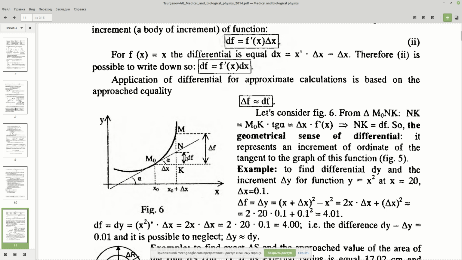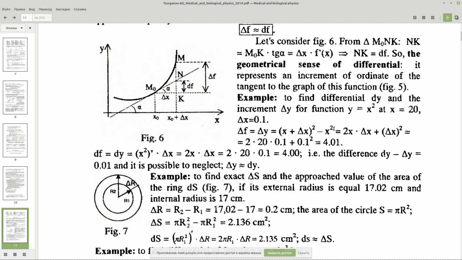We have the square of a sum, and when we open the brackets and do some mathematical transformation, we receive 2x multiplied by delta x plus delta x squared, and the result will be 4.01.